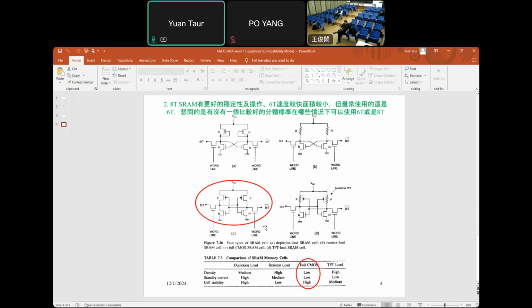You can, but the minimum is 6T to achieve the stability and the low current, no power condition. And once you achieve that, you can add more transistors to get more stability or signal to noise ratio and all that stuff. But at the expense of density, people usually don't go for that. All right, so those are the questions.